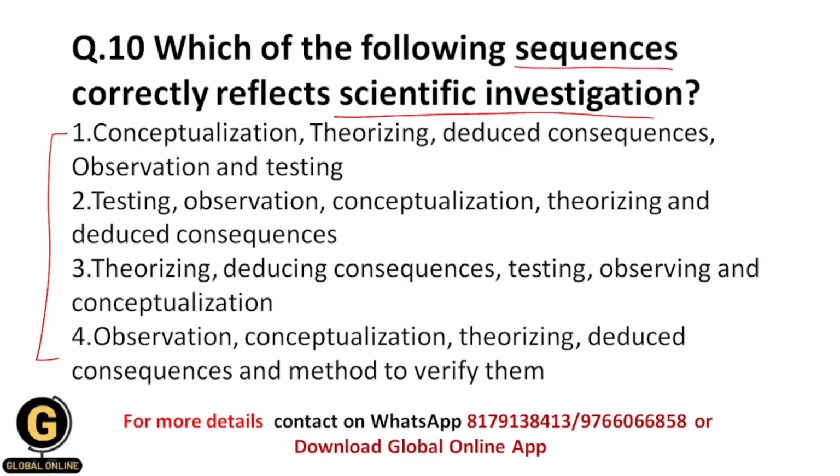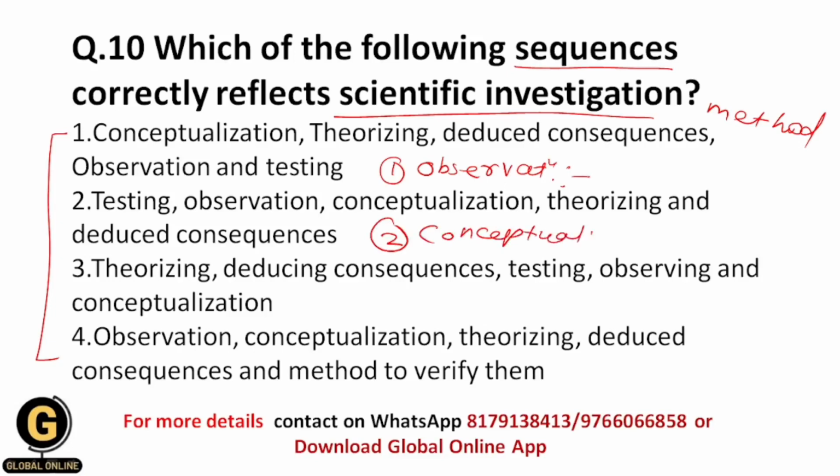Scientific investigation means the scientific method, and there are particular steps involved in it. The first step is observation, where we observe different kinds of phenomena. Second is conceptualization, where we construct the question or concept based on the available data or our observation. Third is theorizing.